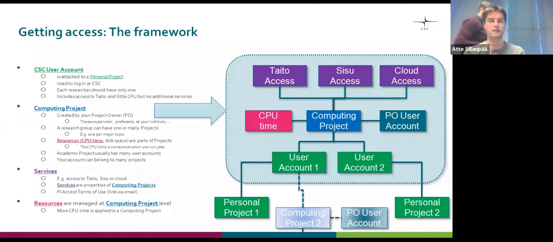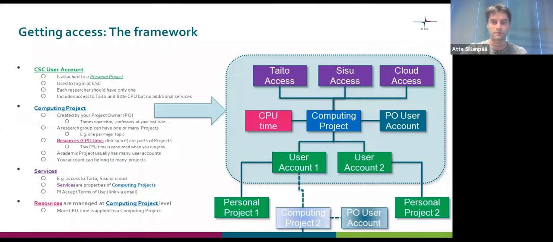Then once the default 10,000 billing units have gone, you can apply for more. So for example, 100,000 or 1 million billing units, which currently translates roughly to 500,000 core hours. At this point, the same user account can actually belong to multiple projects, and then you just have to manage yourself which work belongs to which computing project.